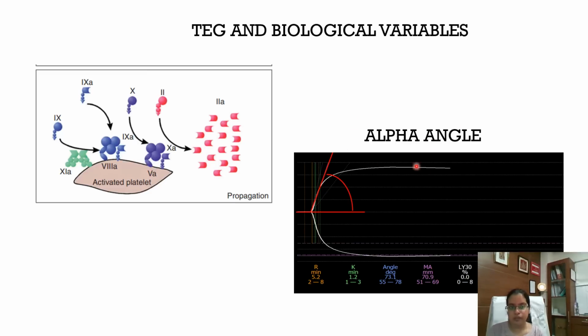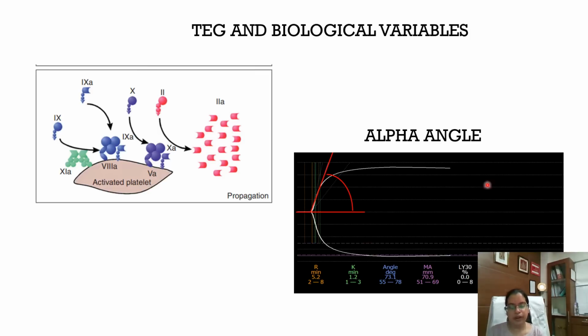Now we have alpha angle. Now the coagulation factors that are active in the intrinsic pathway, like factor 11 and factor 8, will lead to a lot of thrombin generation, and this will lead to a thrombin burst that will cause an increase in fibrinogen to fibrin conversion.